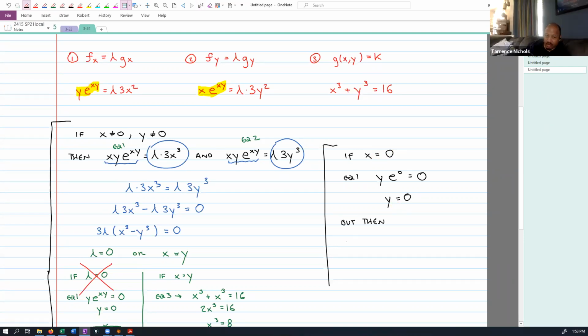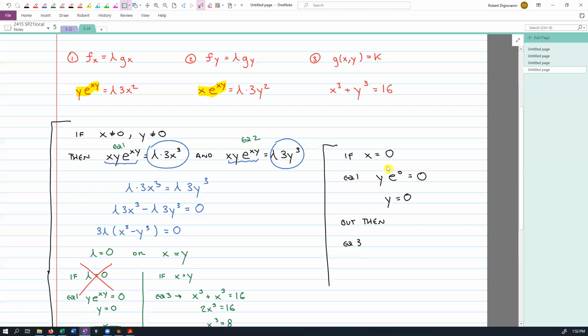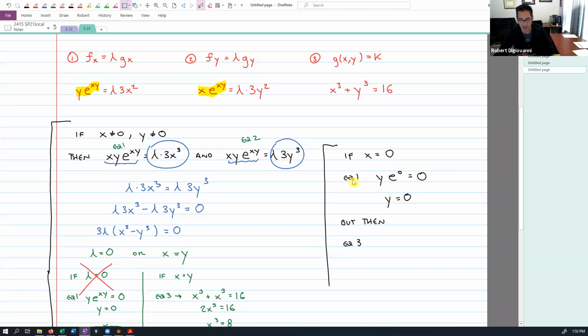But then we already figured out that y can't be 0, right? Over here, okay, so you have to remember, this is a completely different idea. So we've put this one to bed, right? And now we have a brand new kind of idea. If x is 0, y would have to be 0 to satisfy equation 1, but then equation 3 would turn into what? 0 plus 0 equals 16, right?